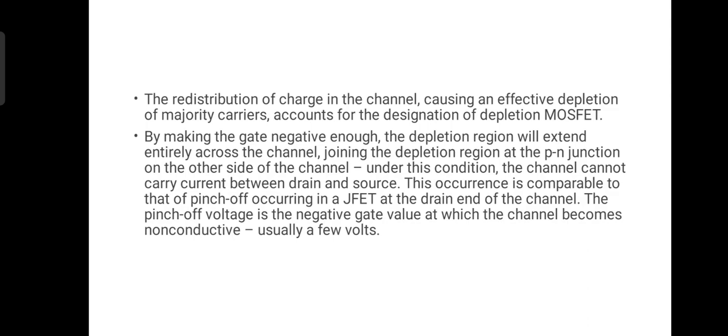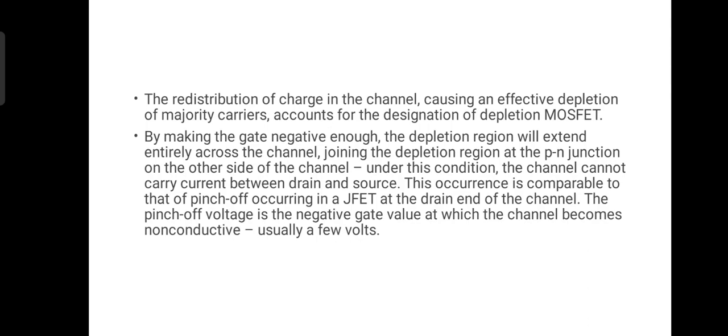Under this condition, the channel cannot carry current between drain and source. This occurrence is comparable to that of pinch off occurring in a JFET at the drain end of the channel. The pinch off voltage is the negative gate value at which the channel becomes non-conductive, usually a few volts.